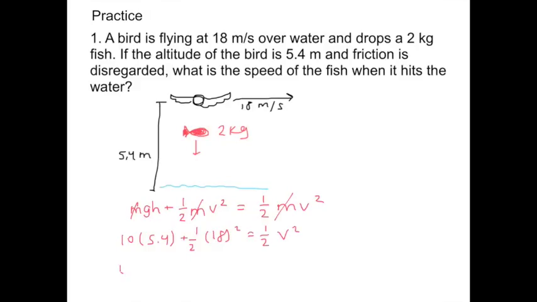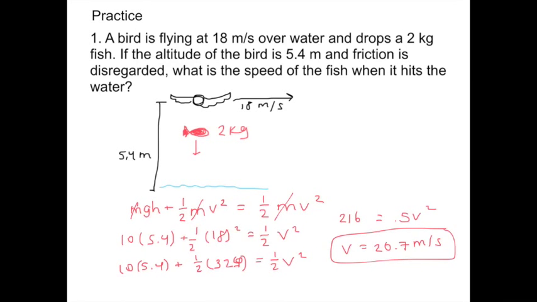We get 10 times 5.4 plus 1/2 times 324 equals 1/2 v squared. We'll add these numbers together on the left side to get that 216 equals 1/2 v squared. Then simplify again to get that the final velocity is 20.7 meters per second. That's how fast the fish is moving when it hits the water.